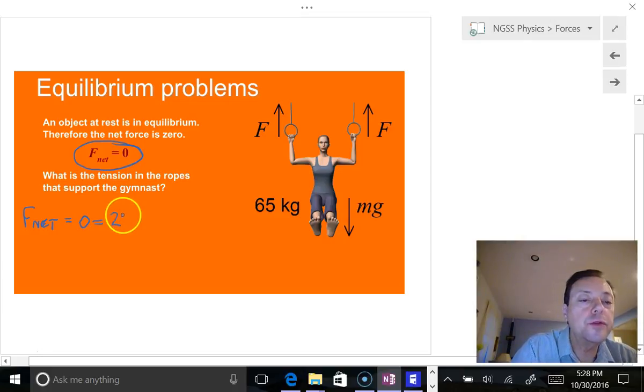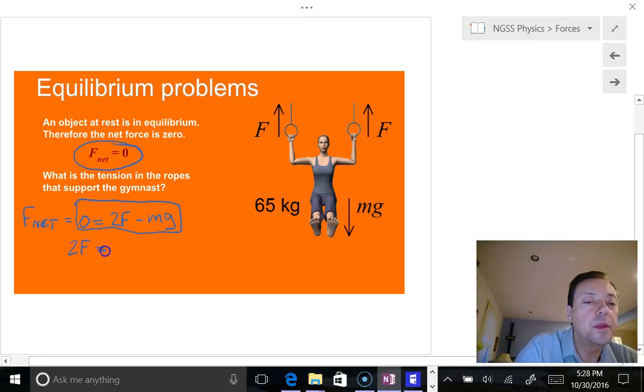2 times the forces in the cables minus the weight acting down. If we wanted to solve for the tension in one cable, we could rearrange this and say 2 times F is equal to the weight, and of course the tension is her mass times gravity divided by 2.